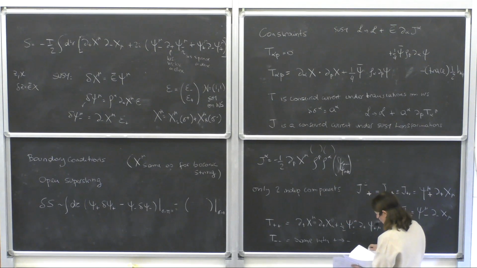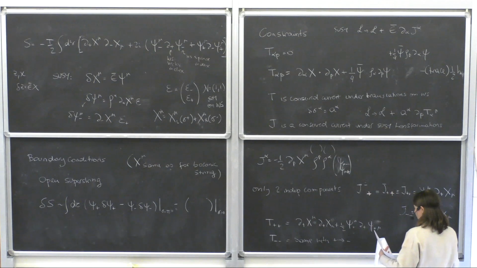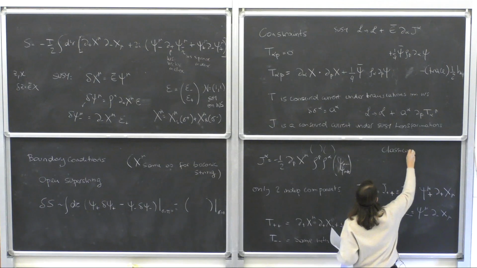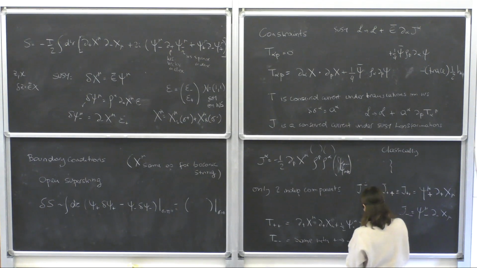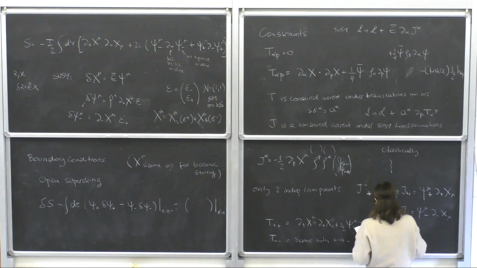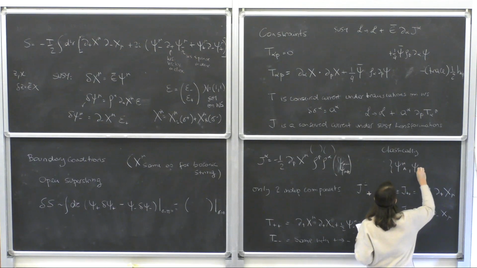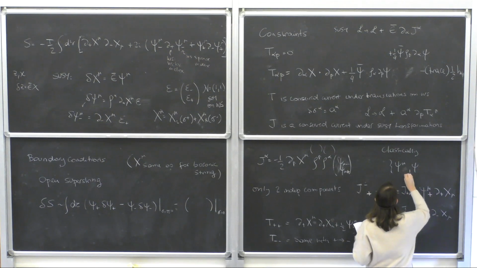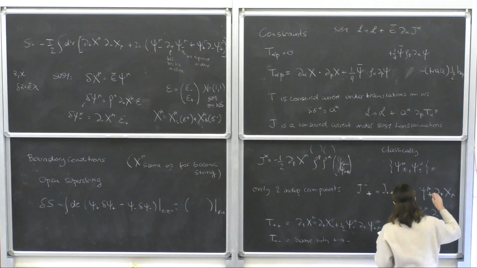I didn't say, so you can go back to the beginning, and classically these are Grassmannian, so psi mu plus minus, psi mu plus minus is equal to 0.